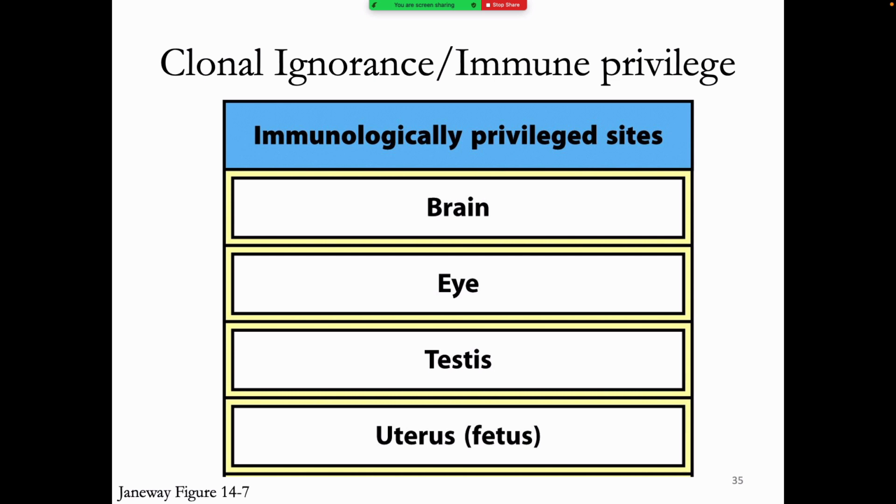Immune privilege is often discussed in relation to the organs that are listed here. You can see they are listed as the immune privileged sites. And so we can think through immune privilege and what might be going on with it.